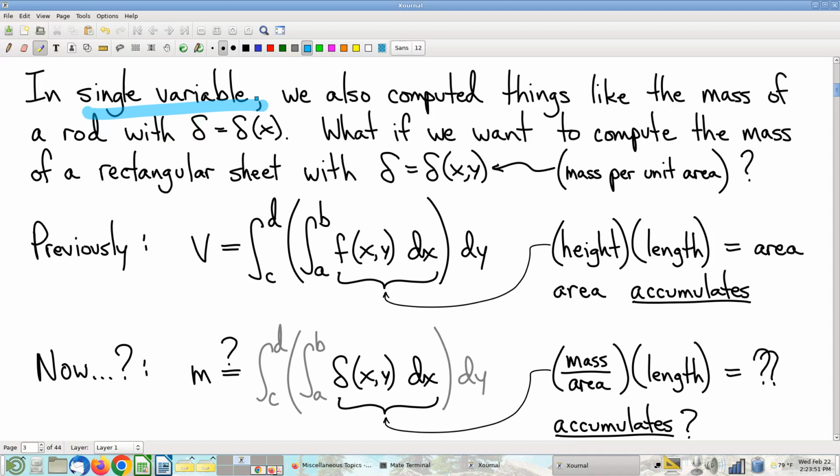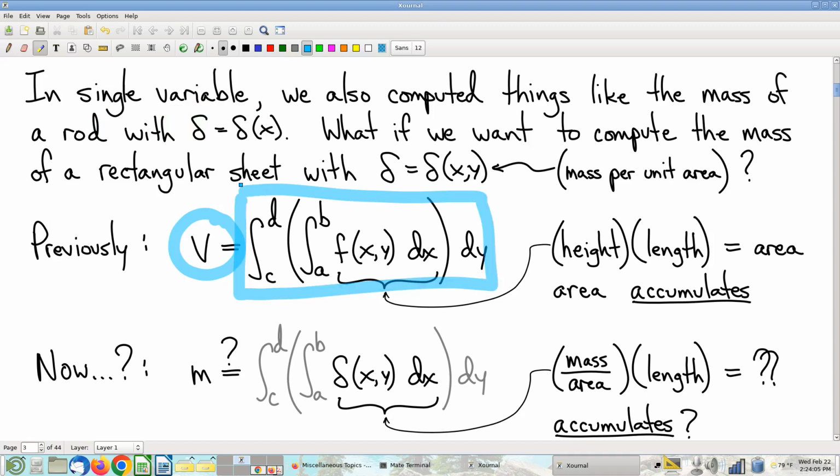Same kind of integral, by the way. So you might speculate, now that we've computed not the area under the graph, but the volume under a graph with an iterated integral, wouldn't you expect that we could make an analogous argument for computing all these other things? Like, instead of having a mass of a one-dimensional rod, what if I had a mass of a two-dimensional sheet? What if mass is distributed?